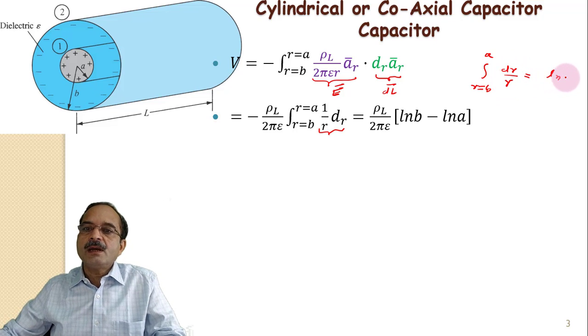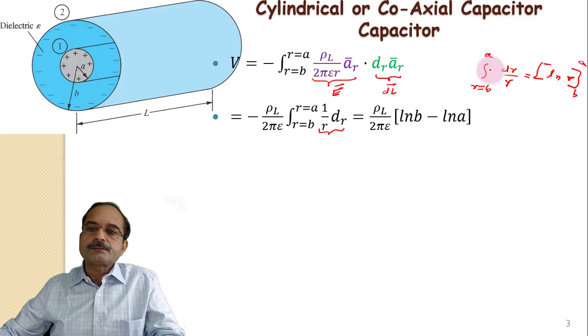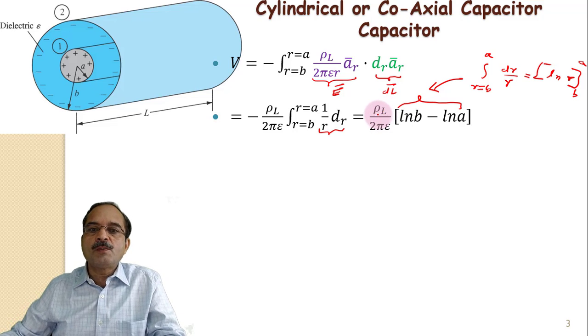This is equal to ln r with limits b to a. So substituting these limits, we get ln b minus ln a, with rho L upon 2 pi epsilon.